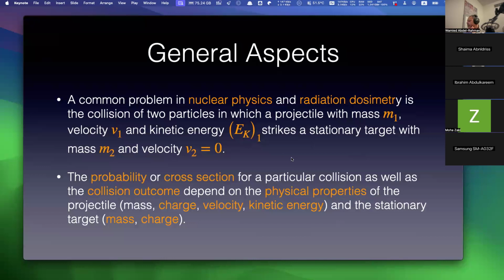The probability or cross-section for a particular collision, as well as the outcome of such a collision, would depend on many parameters: the physical properties of the projectile, for example its mass, its charge, its velocity and its kinetic energy, as well as the physical properties of the target, its mass and its charge.